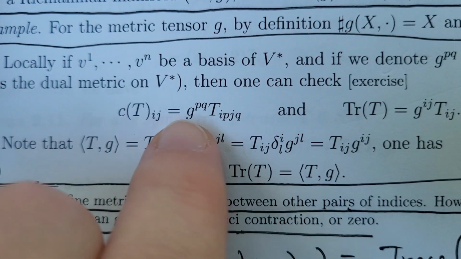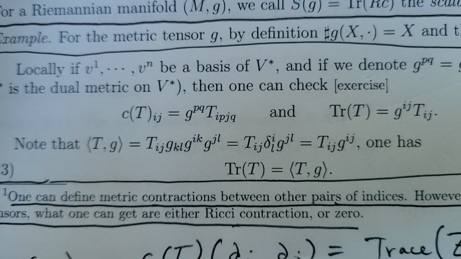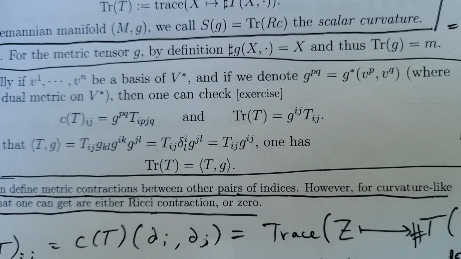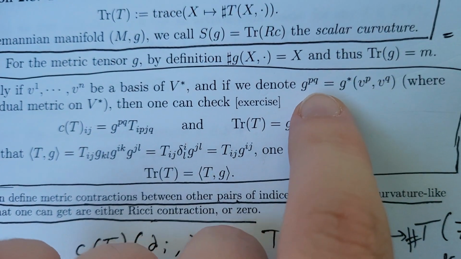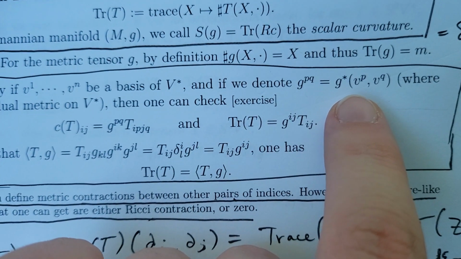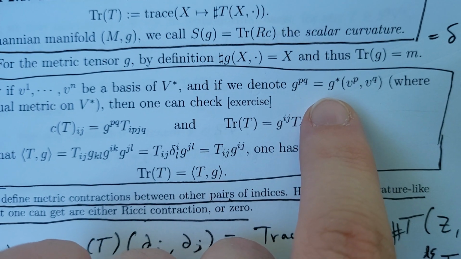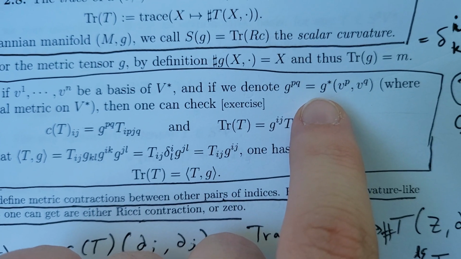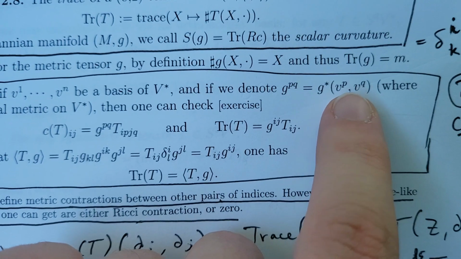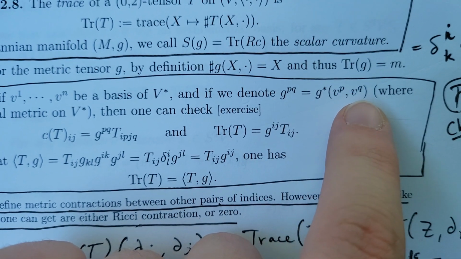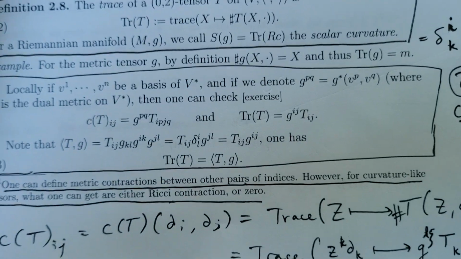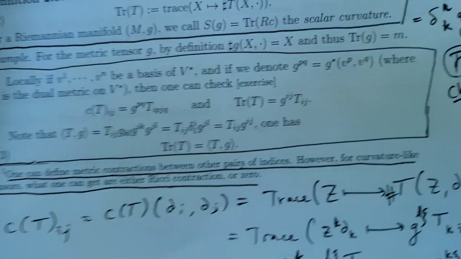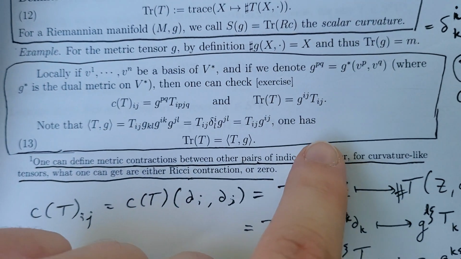This is the Ricci contraction of a 0,4 tensor in coordinates, where G superscript PQ is defined as above. G star is this dual metric which we discussed previously, and these V superscript P and V superscript Q are a basis of V dual. So go ahead and take a moment and recall the definition of this G star if you forgot.